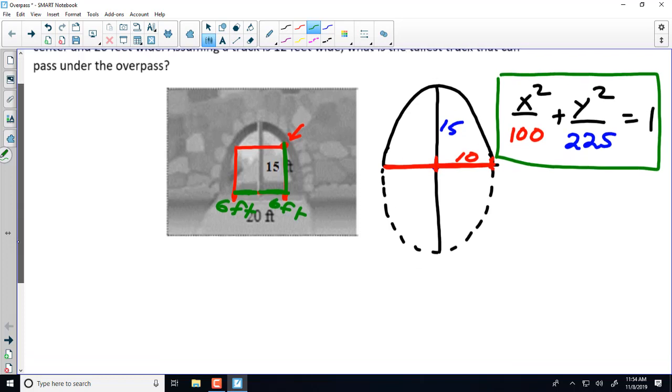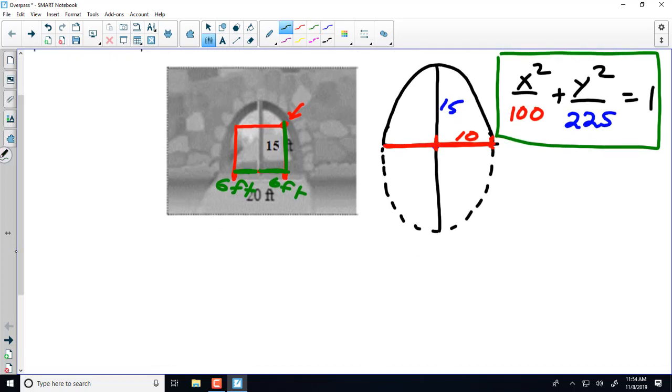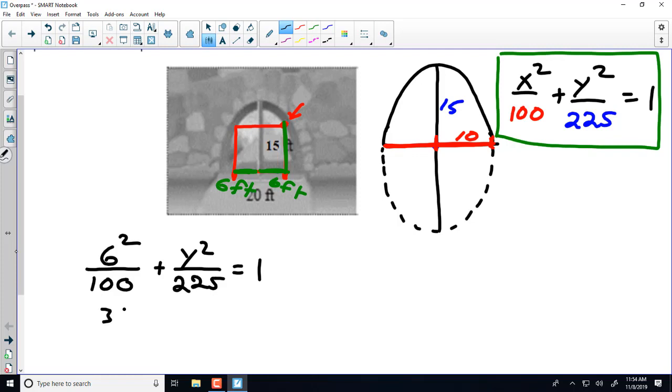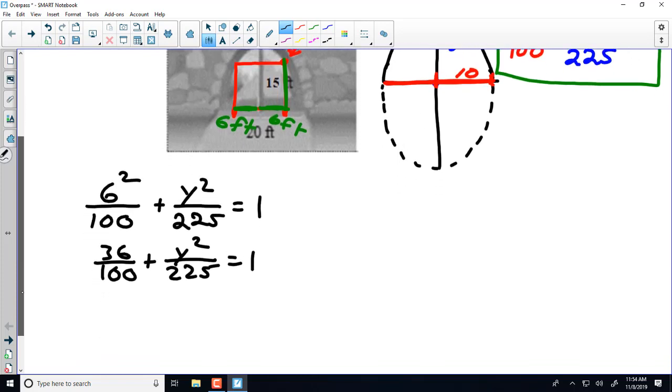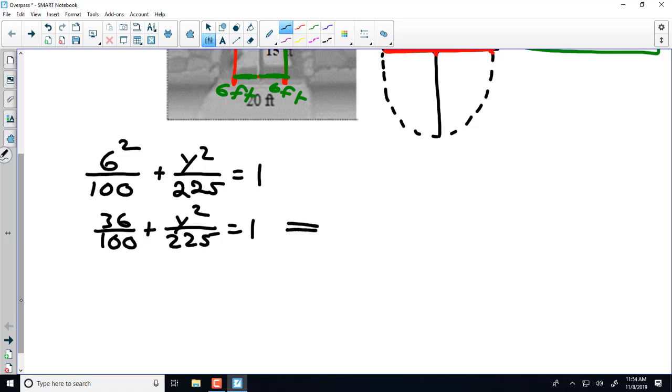So I'm going to plug a 6 into my equation for x. So it's going to be 6 squared over 100 plus y squared over 225 equals 1. 6 squared is 36, so we get 36 over 100 plus y squared over 225 equals 1. We want to solve this for y squared, so we're going to subtract 36 over 100 from both sides.